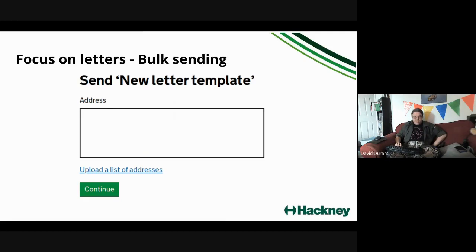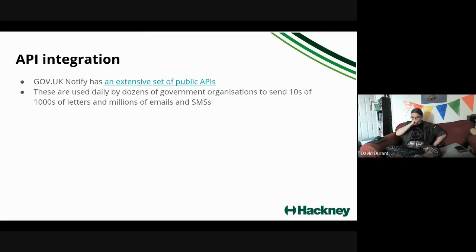But while that's a perfectly valid way of doing it, what is an even better way is to integrate it directly with the systems in the council that we use, so that when they generate those large numbers of bulk letters, they're sent directly to Notify via something called an API, which is essentially a way of plugging different digital systems together.